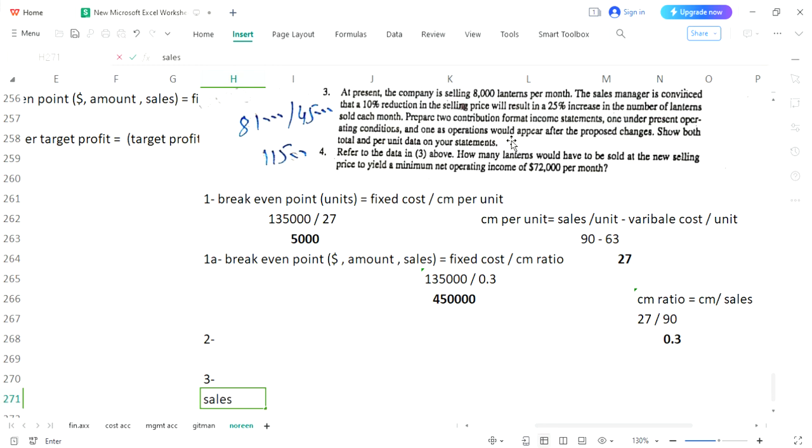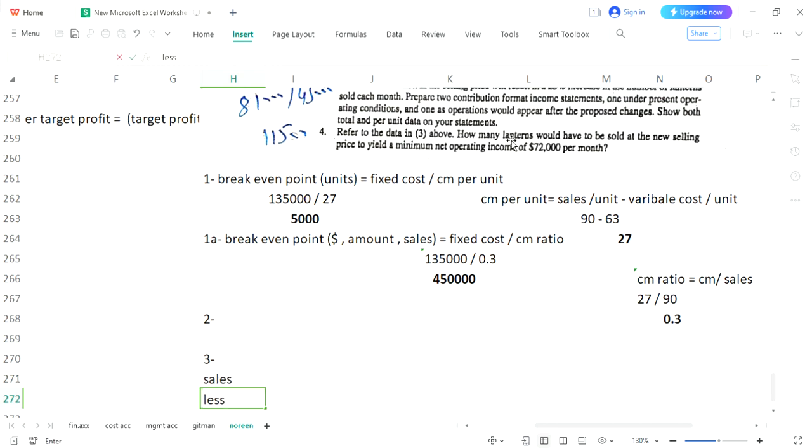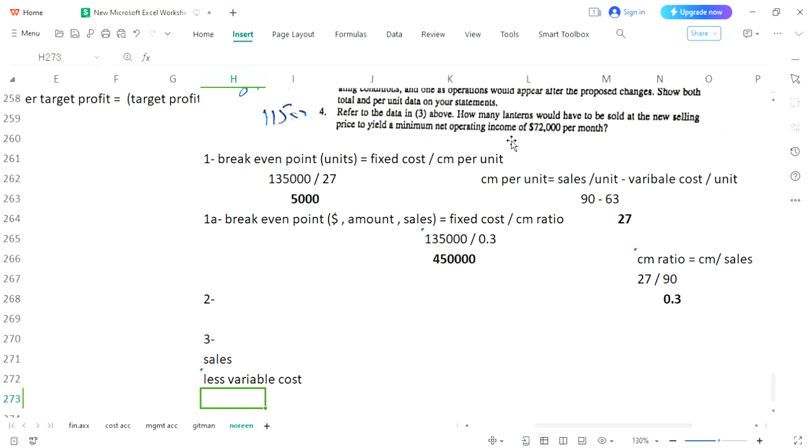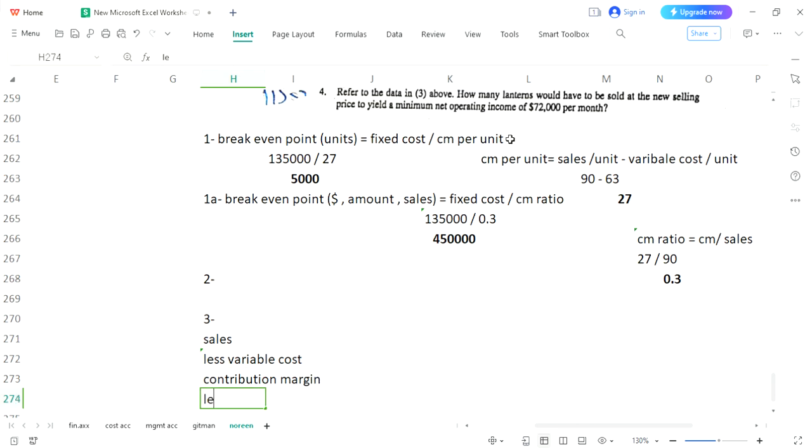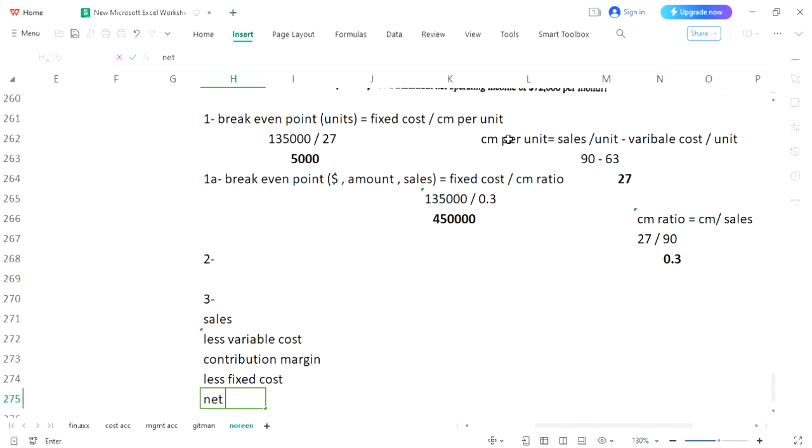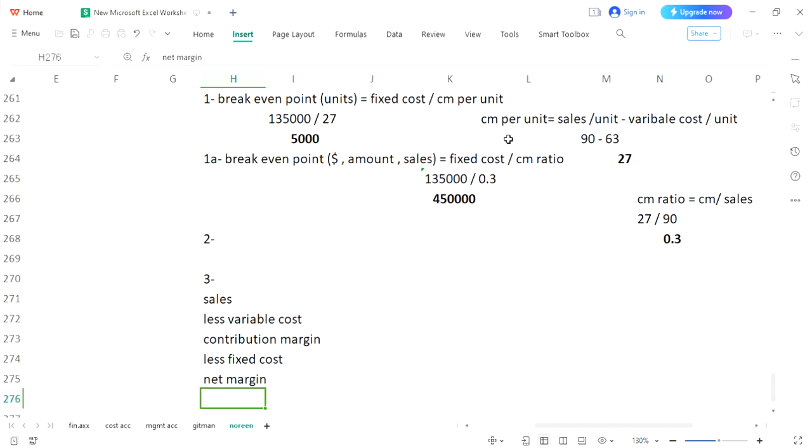So first we will write sales and then we will subtract variable cost. This will turn into our contribution margin, and then you will subtract your fixed cost. What you get after that would be your net margin. Alright, this is your net margin and contribution margin.